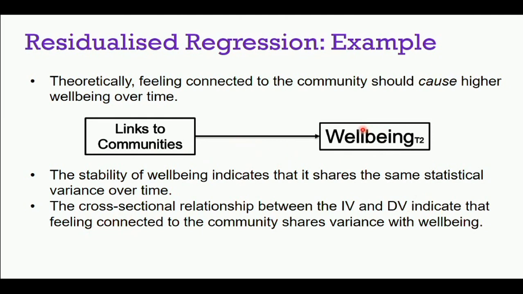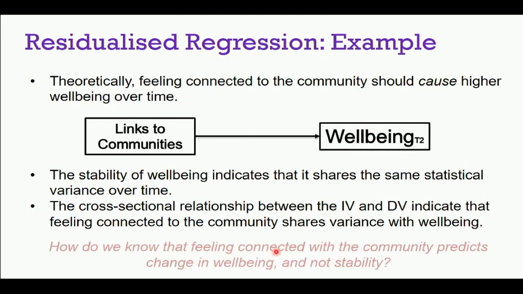What we don't know yet is what's going to happen when we control for the baseline of well-being. So how do we know that feeling connected with the community predicts a change in well-being and not, rather, the effects of stability?